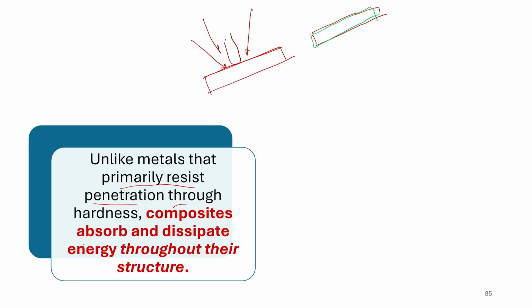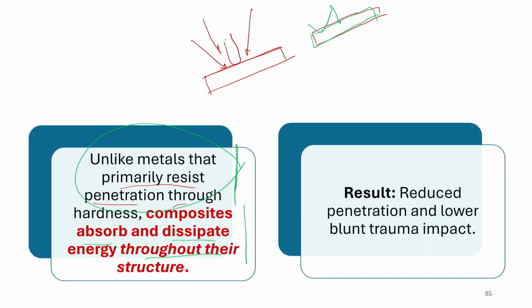So, composite absorbs the impact and dissipates energy through its structure, which we have already discussed. Metal type ballistic material will prevent the projectile from penetrating, while the composite will allow it, deform, and dissipate the energy. So, effectively what are we getting?